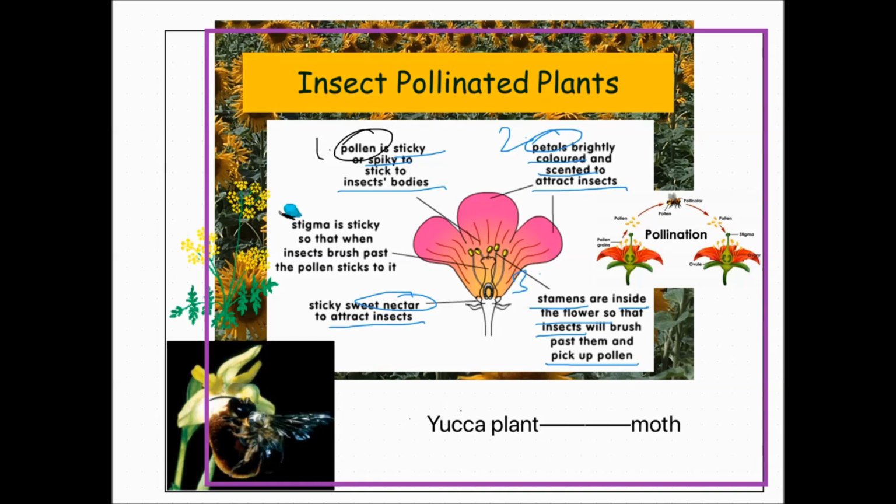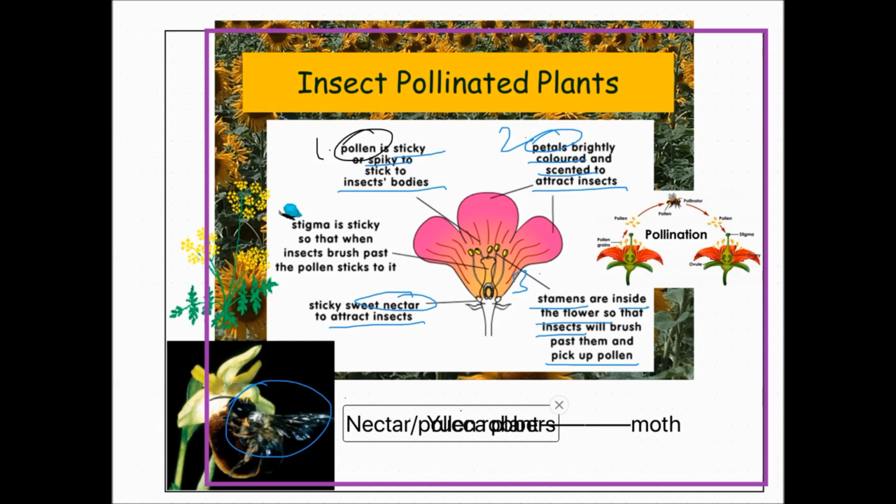So such insects which suck the nectar or consume the pollen are called nectar or pollen robbers. They are called pollen robbers.